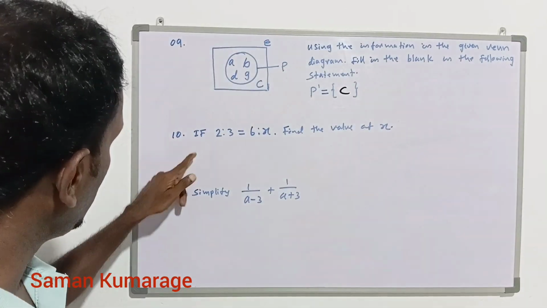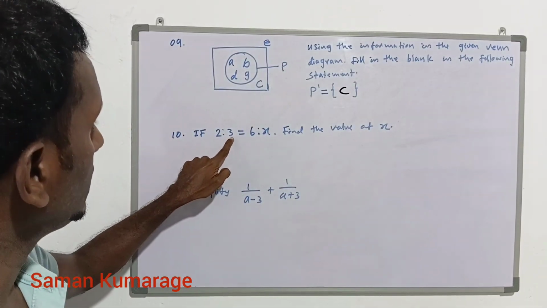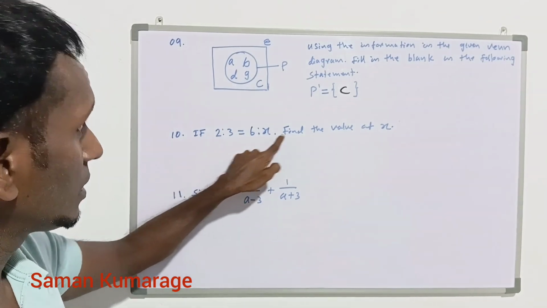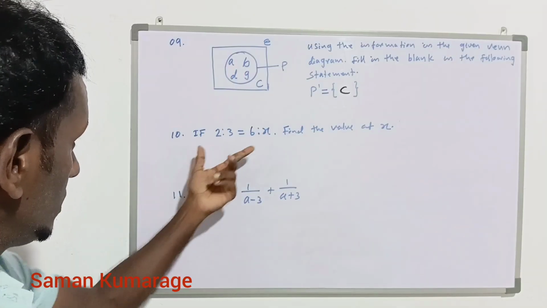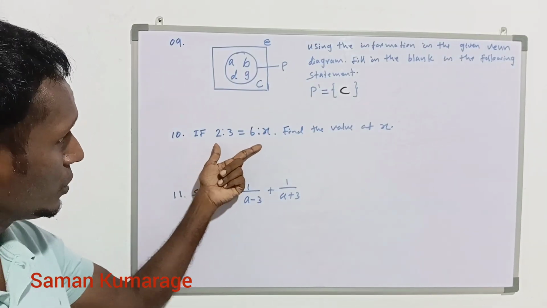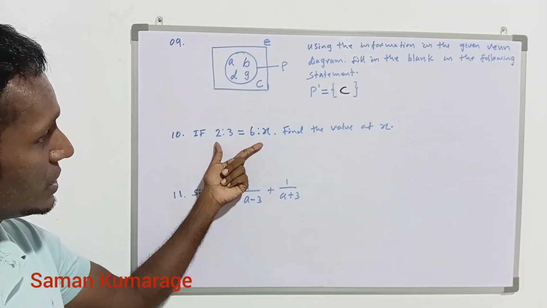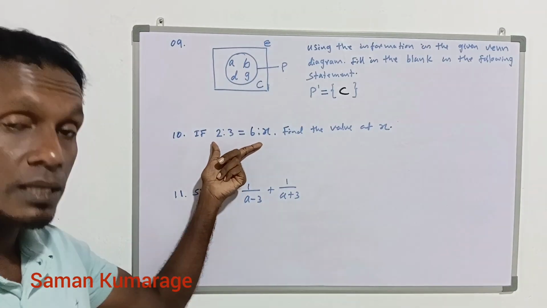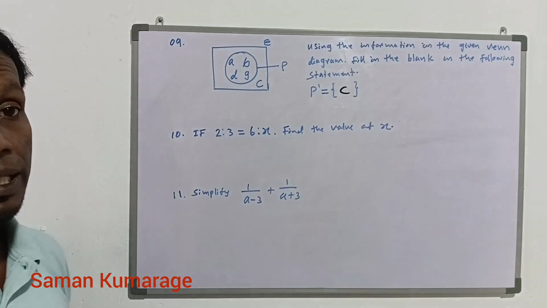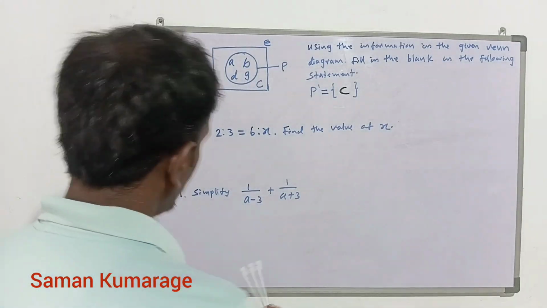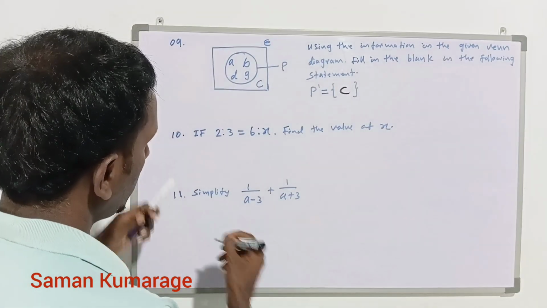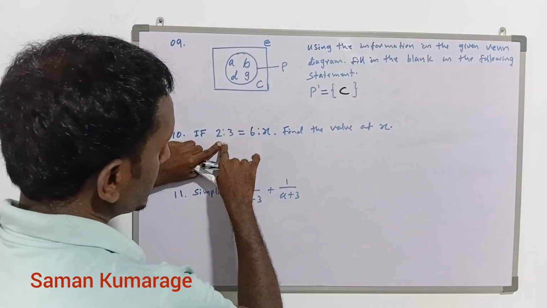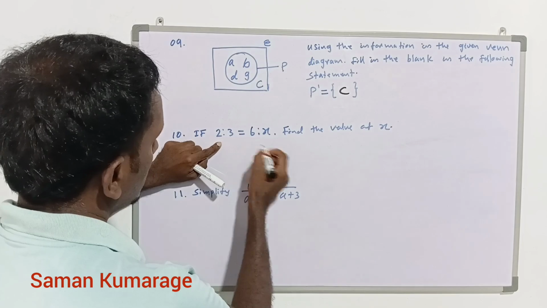And question number 10, if 2 to 3 equals 6 to x, find the value of x. So these two ratios are equal. When two ratios are equal, you should know that their cross multiplications are also equal to each other. So first we need to write these two ratios as equivalent fractions.